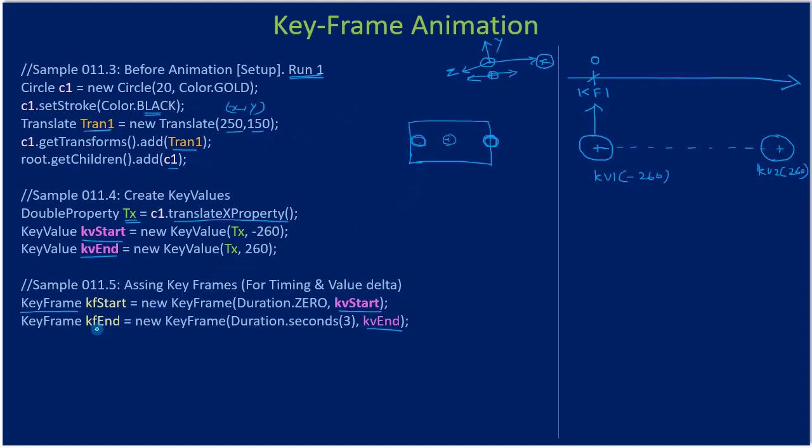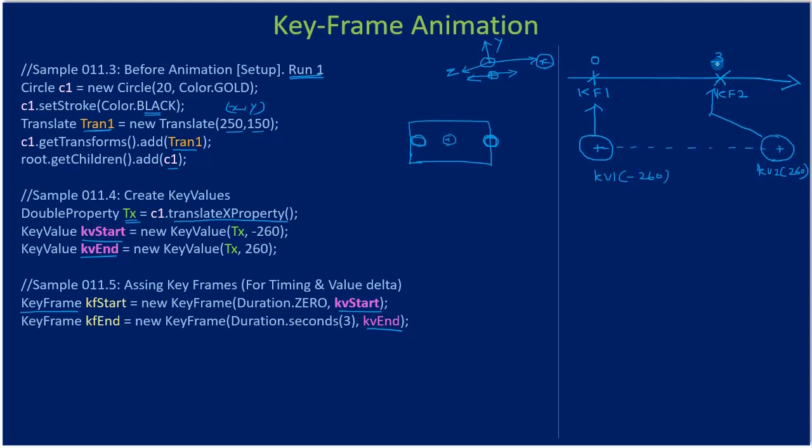All right. Similarly, for keyframe end, we can say in the timeline, let's state that this is the keyframe end. We will call it KF2. And this keyframe end links to our second KeyValue, right? So this one is 3 seconds. So here if you see, we just defined the animation timeline.